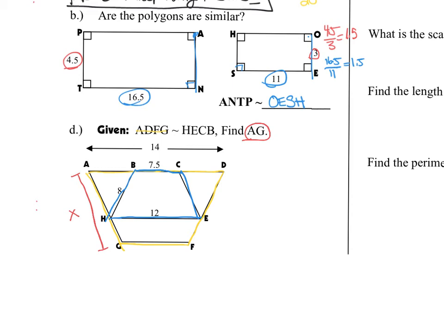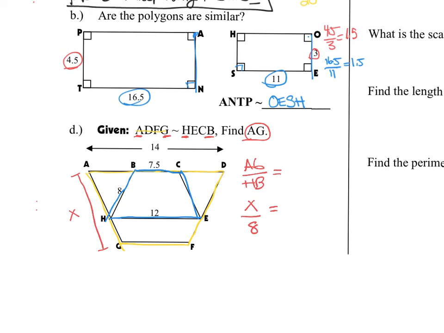So let's start with what we do know and see if we could set up some type of a proportion to help us. We are looking for AG, and by looking at this, we should be able to say that it is similar to HB. And so AG is our X and HB is 8. We're going to set that up as a proportion.